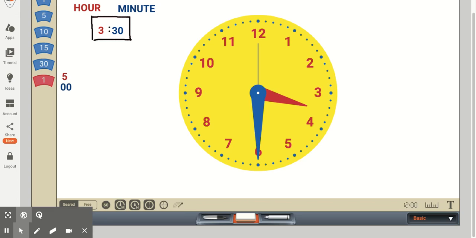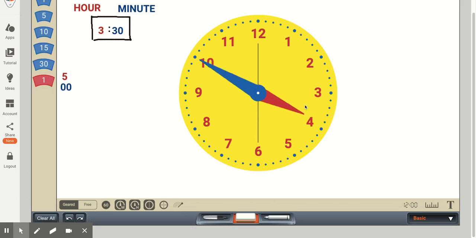One thing that's difficult for many of the first graders when they see this time on an analog clock is to know if it's 3:30, half past 3, or 4:30, half past 4. And as I was saying earlier, we want to make sure that the first graders understand that we haven't reached that 4 o'clock hour until the hour hand actually reaches 4.